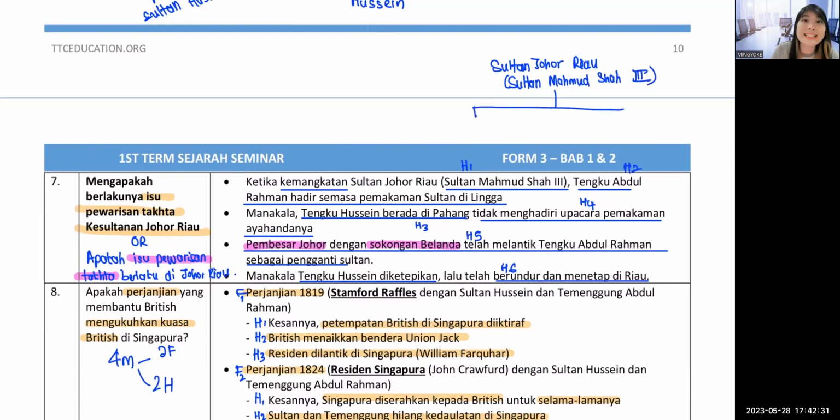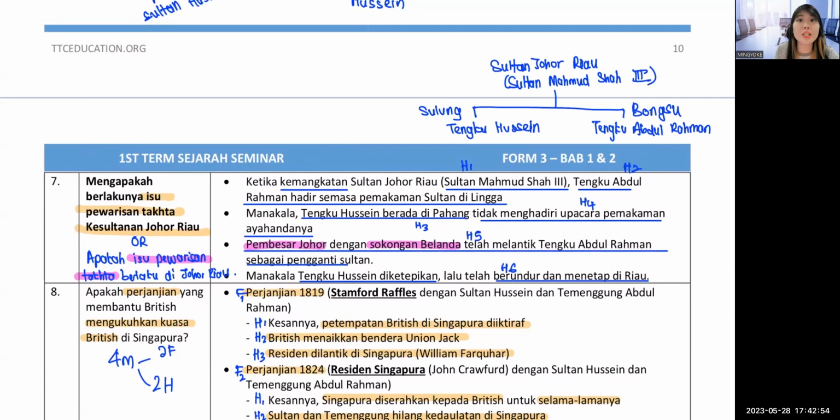One is the eldest son, Sulong, which is Tengku Hussein. One is the youngest son, Bongsu, which is Tengku Abdul Rahman.